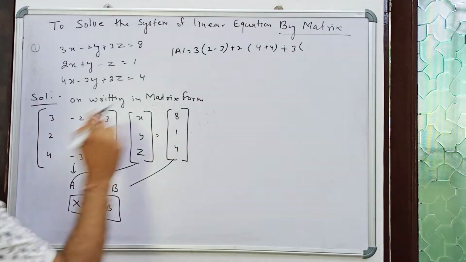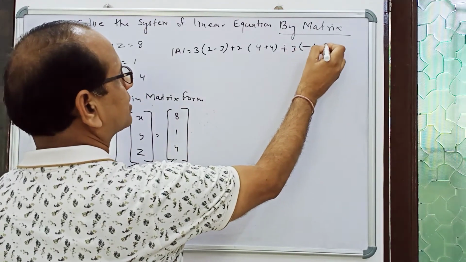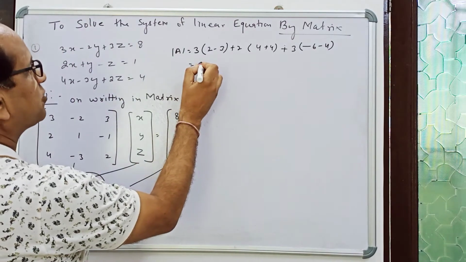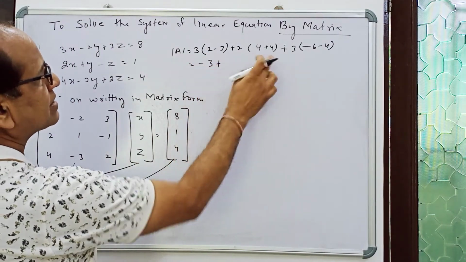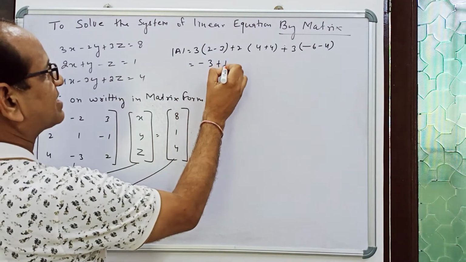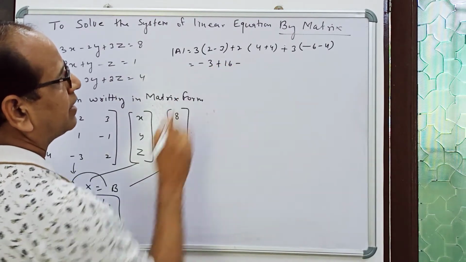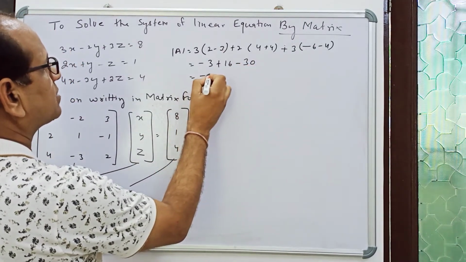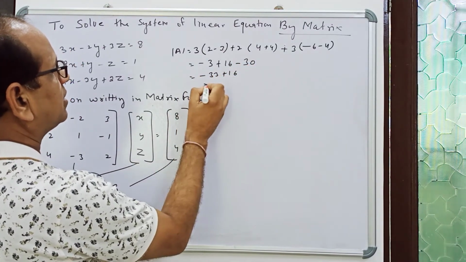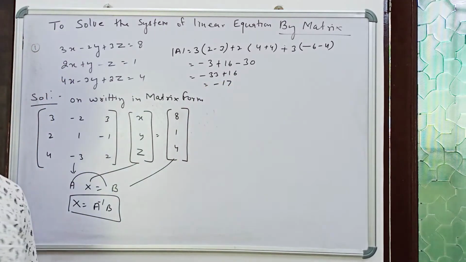So it is minus 6 and minus 4, and if you simplify this, it is minus 3 plus 16 minus 30. So it is minus 33 plus 16, the final answer is minus 17.